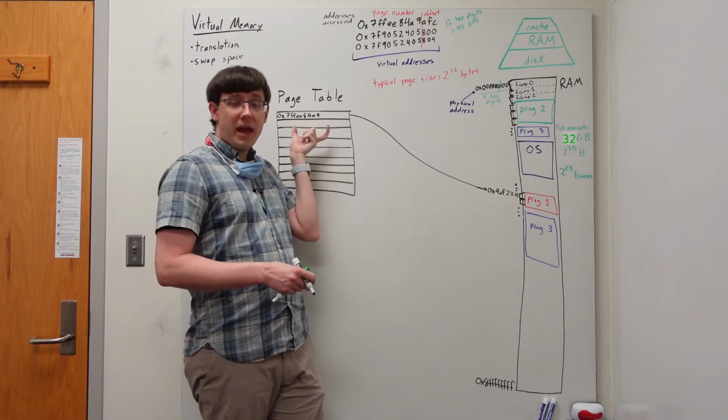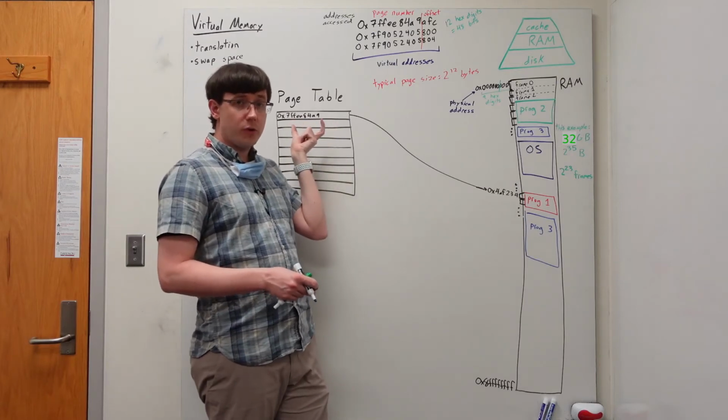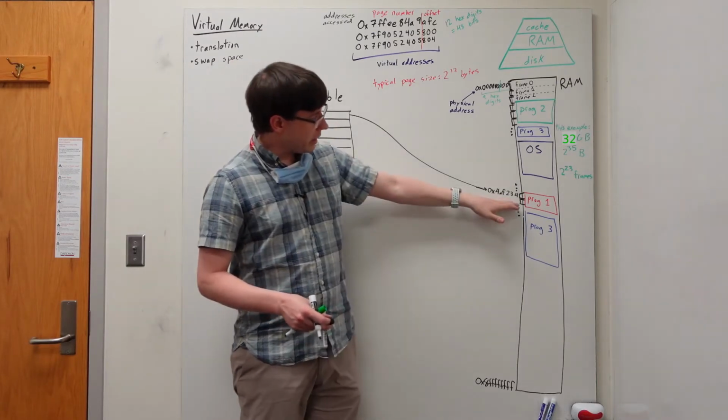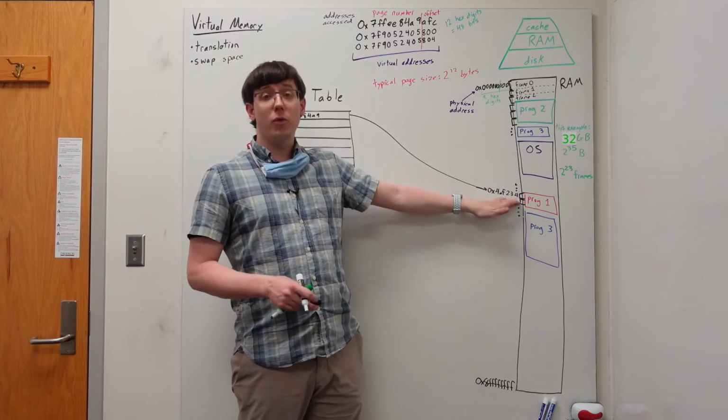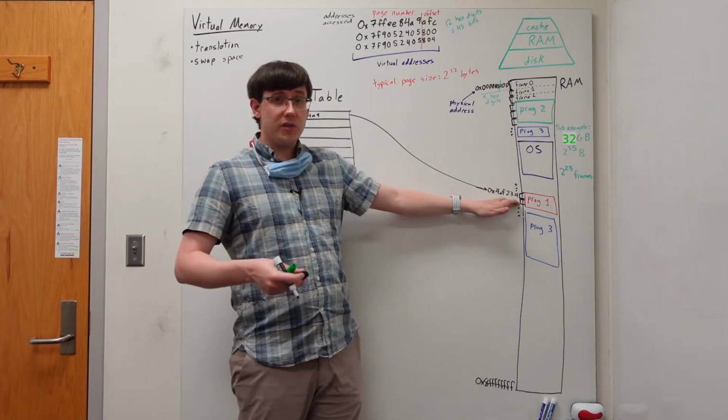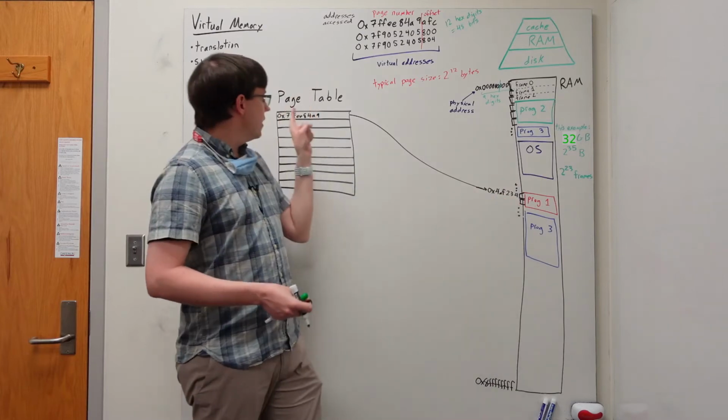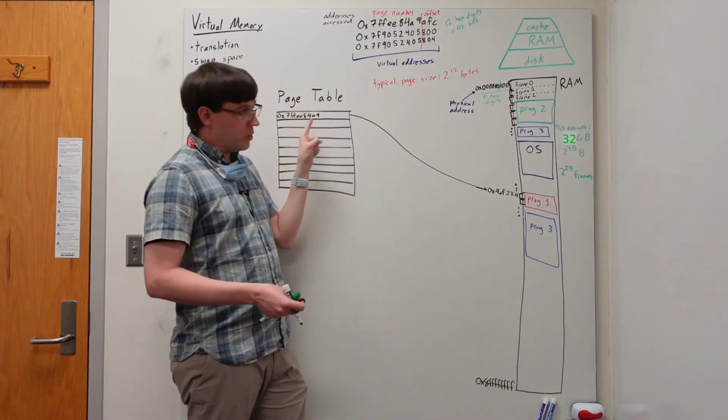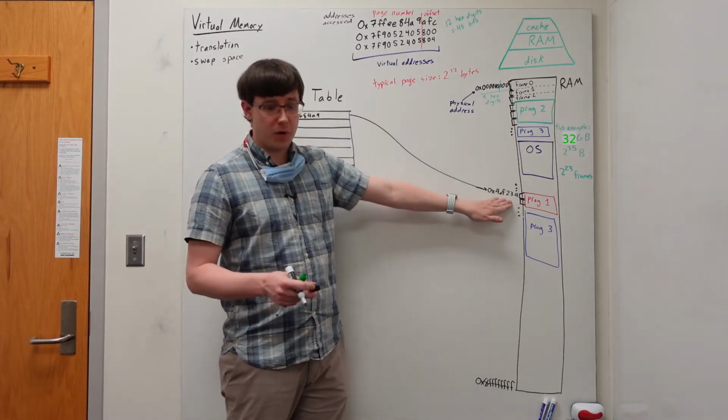So if this page of the process's virtual address space is stored in this frame of the RAM, then the process's page table needs to map this page number to this frame number.